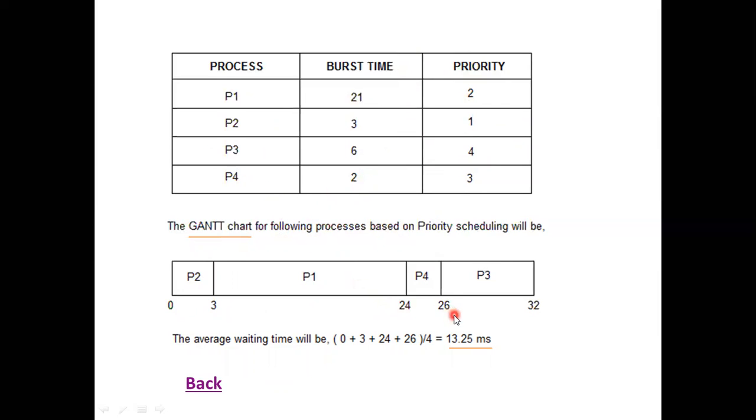So from 24 to 26, P4 is executed. And the last one is P3, which requires 6 units of time. So 26 plus 6 equals 32. So this is the way the jobs are executed based on their importance. This is how the queues are executing.